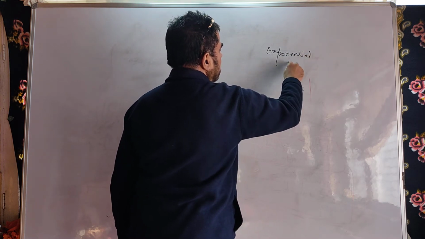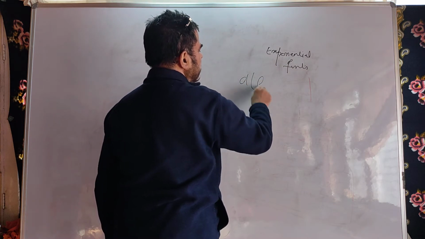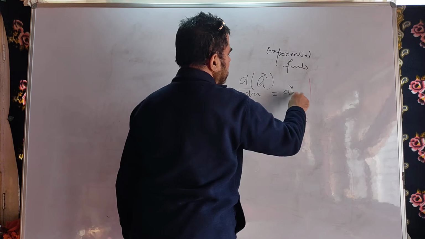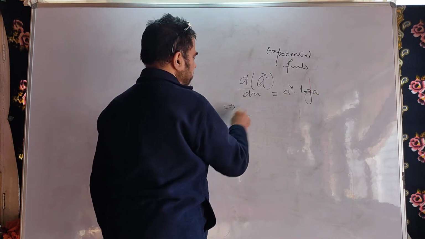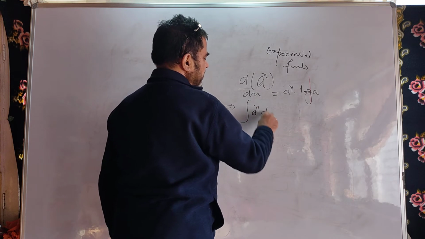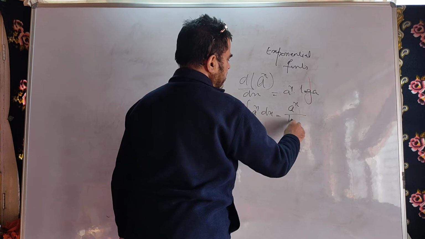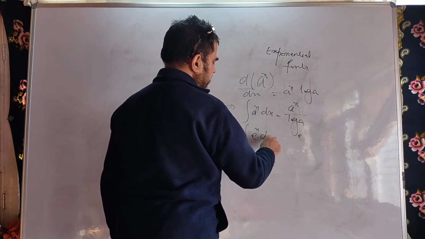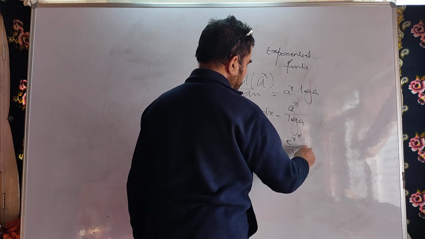Exponential function. You know how to differentiate a raised power x. Differentiation of a raised power x is a raised power x into log a. So you can write integral of a raised power x dx is a raised power x by log a to the base e. Integral of e raised power x dx is e raised power x by 1.